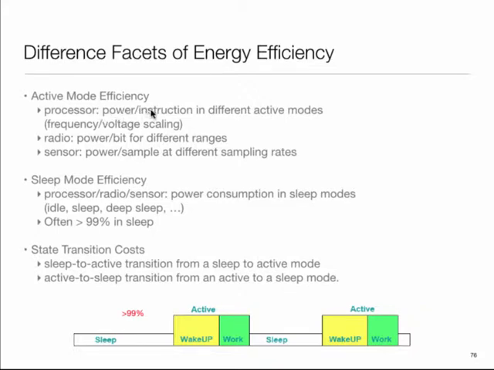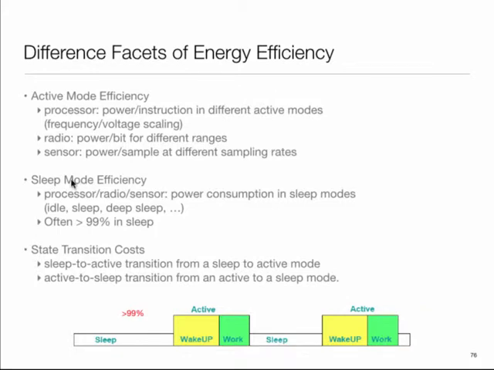For a processor, it might be power and instruction in different modes. For a radio, it might be power in relationship to bits. So for example, when I'm transmitting at a certain bits per second or doing work at a certain instructions per second, what the power consumptions are. And for sensors, it could be the sampling rate. So this is one way of looking at things.